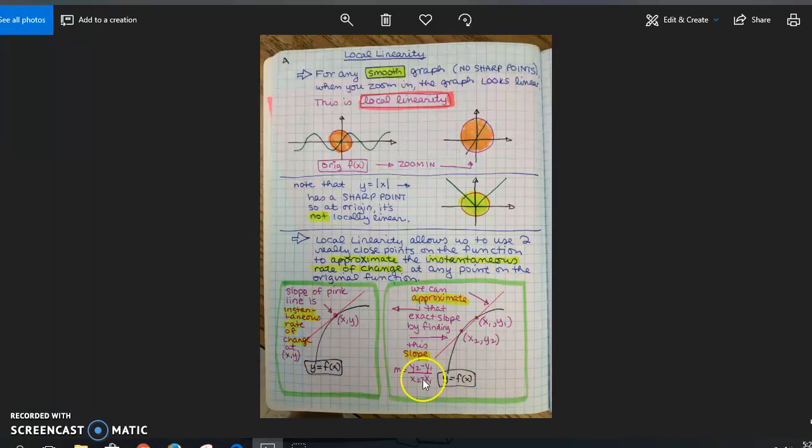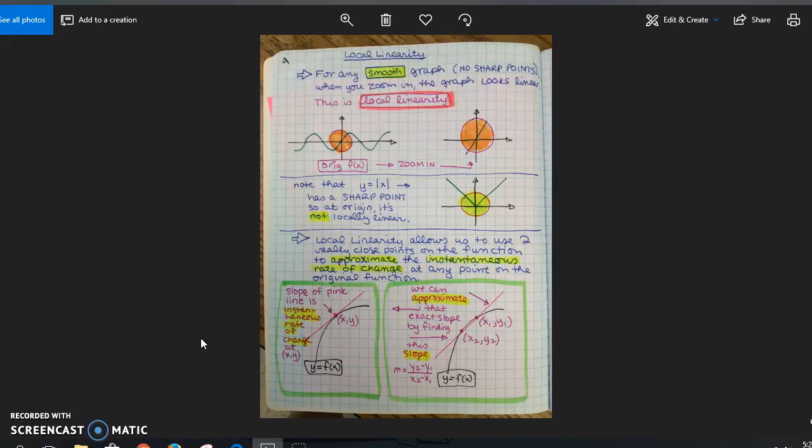All right? We didn't talk about this in class, but we're going to talk about this a lot coming up, so let's get it in your notes. My original function is this black form. Let's say some sort of function f of x, all right? If I can think of having a line over here that just touches the point x, y on the function in one point, then the slope of that pink line is the exact value of the instantaneous rate of change.